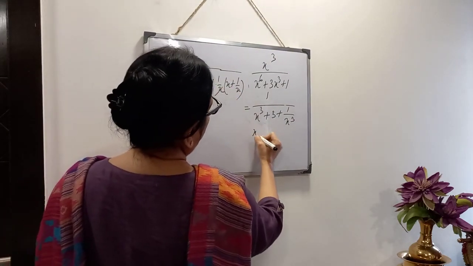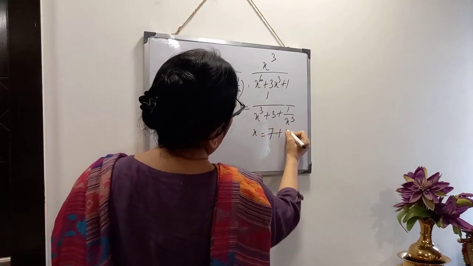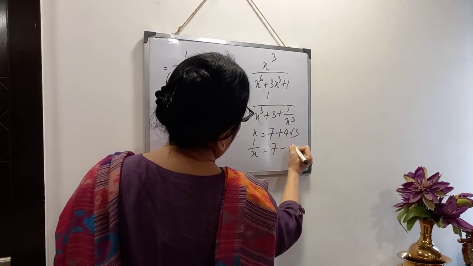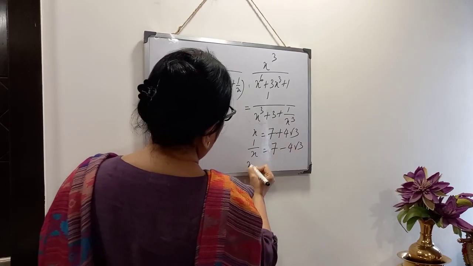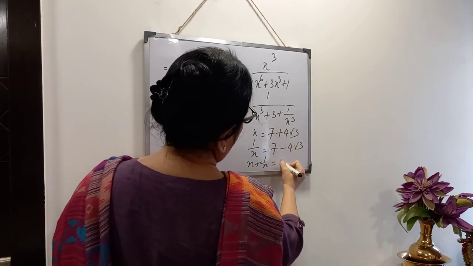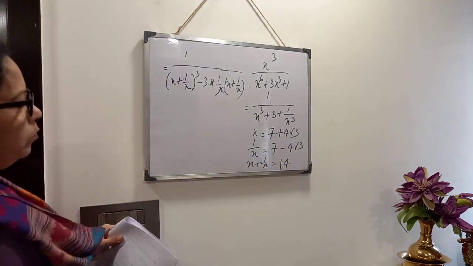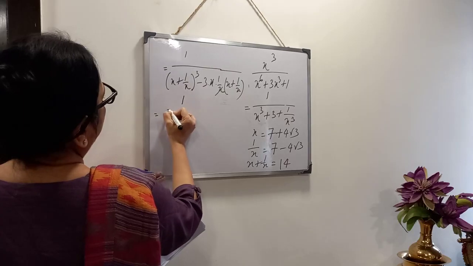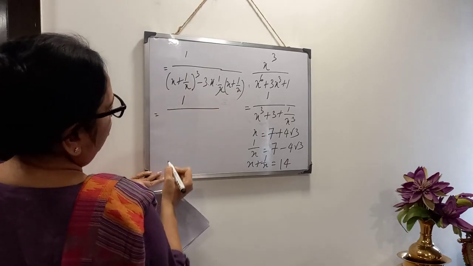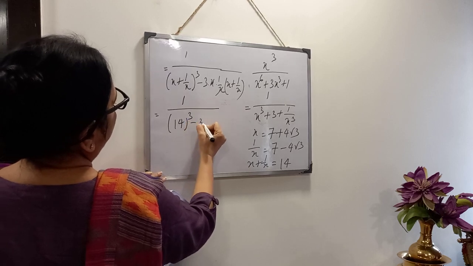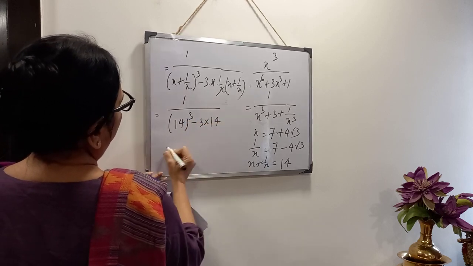Our x was 7 plus 4 root over 3, and 1 by x we got 7 minus 4 root over 3. So after adding, this plus minus will be cancelled out. So 7 plus 7, 14. So I can put here this value, 1 by 14 whole cube minus 3 into 14.